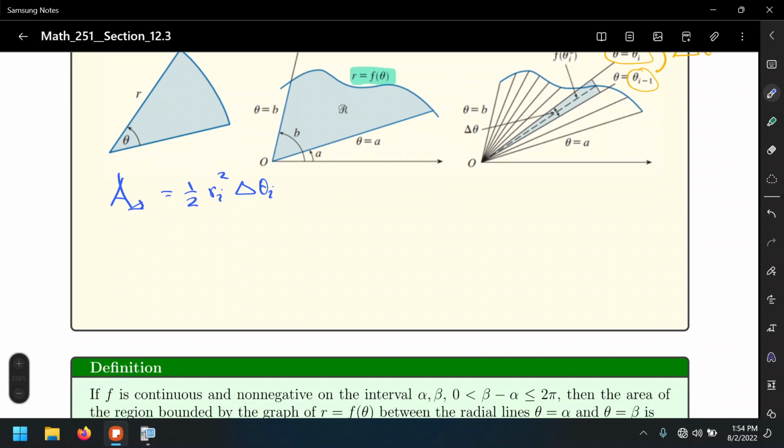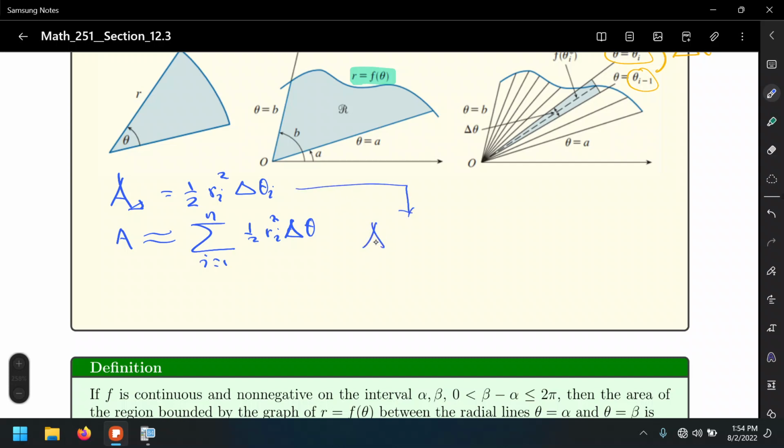Well, the area will be approximately the sum from i equals 1 to n of 1/2 r sub i squared delta theta. All right, so that's again the idea of the approximation first. However, this is only the approximation.